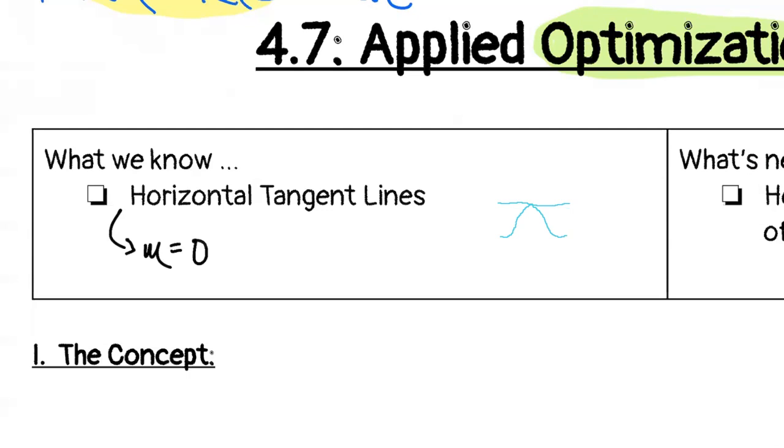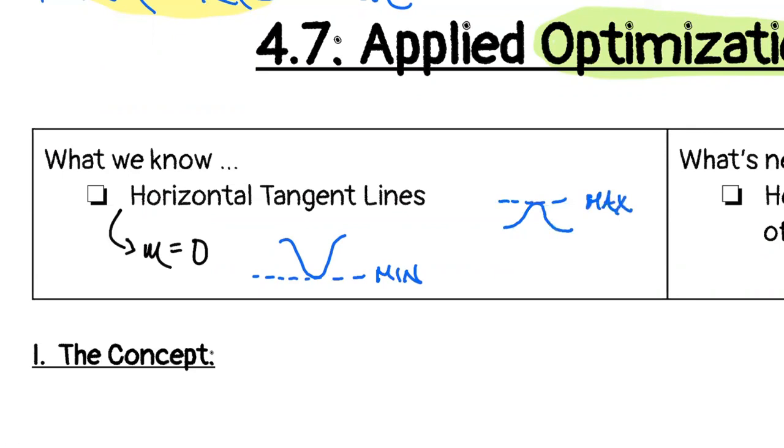Then, to get at the same idea that other people are getting at in the chat, it could also be a situation where we are at the low end of a curve. So this would be a minimum, and this would be a maximum.